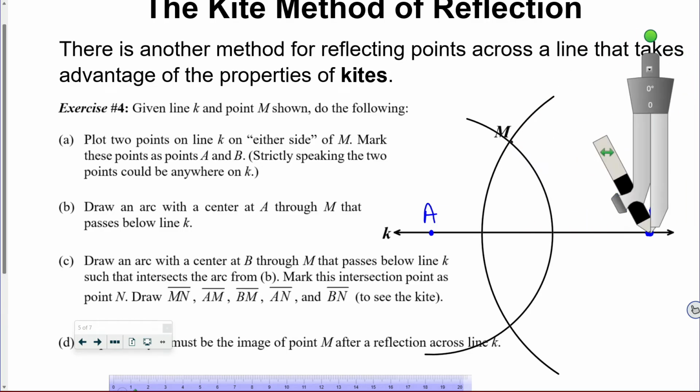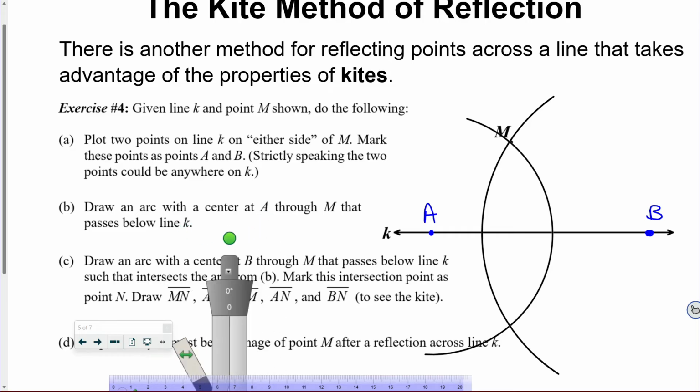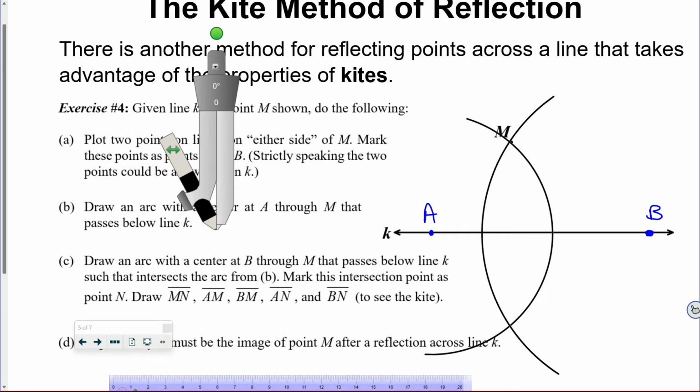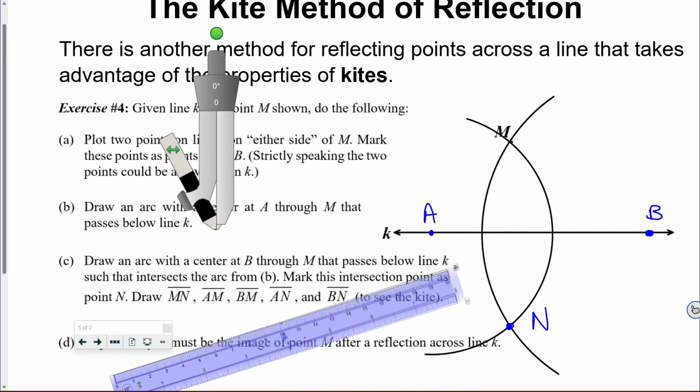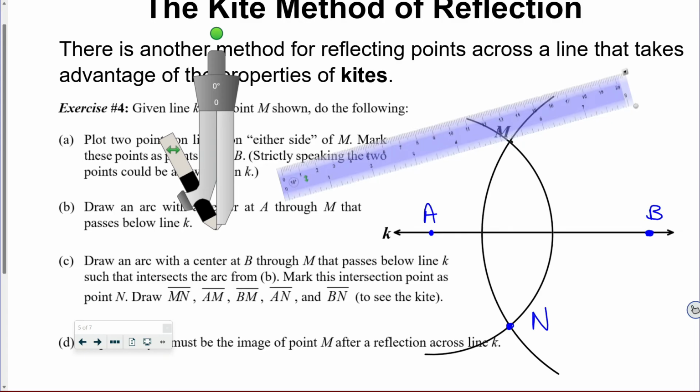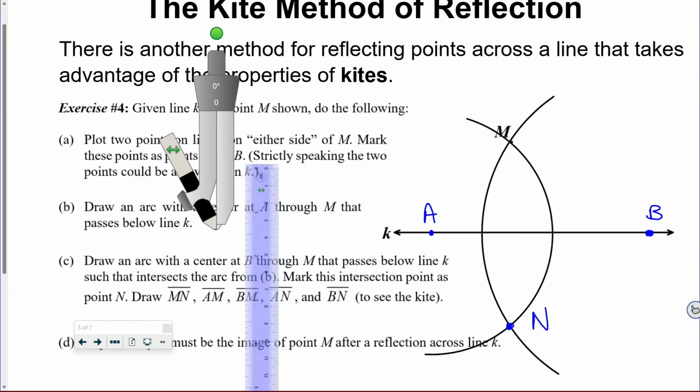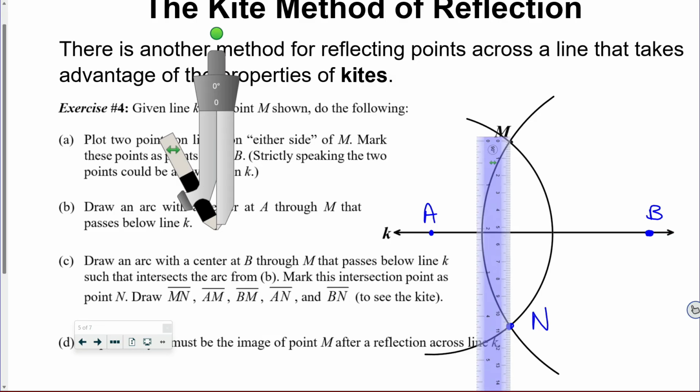Okay. Now, it told me to label this as point N and then draw in all sorts of segments. So one thing it wanted me to do is draw in MN. So I'm going to draw in that segment. Oh, that was actually pretty good. I'm going to draw in segment MN.